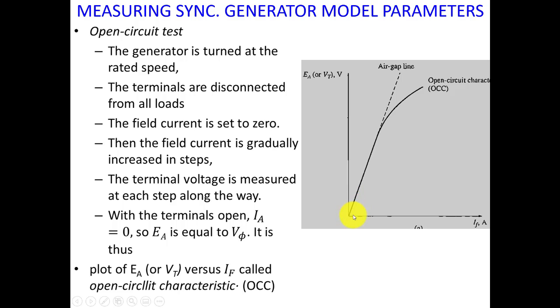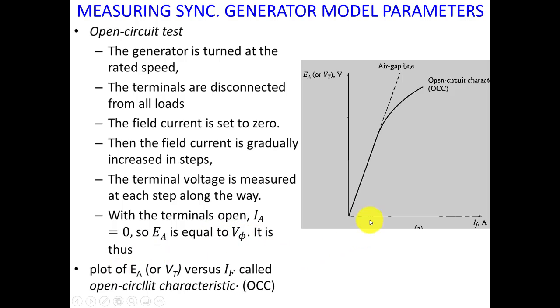So for different values of field current, we can have different values of the terminal voltage. Because the generator is in no load condition, the current in the armature will be 0. So EA is equal to the phase voltage.